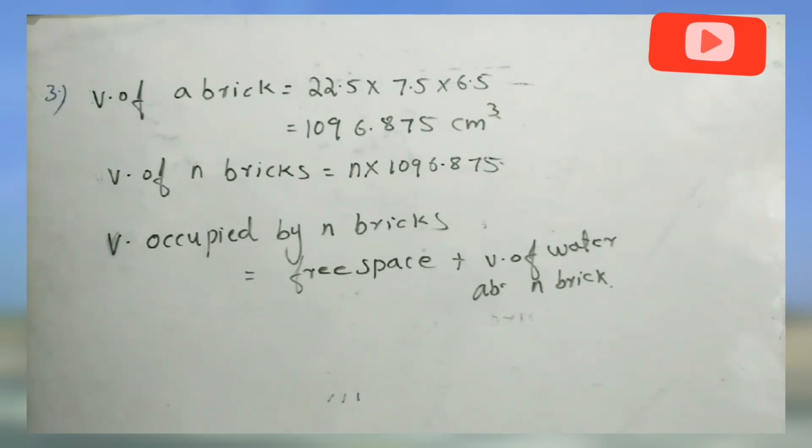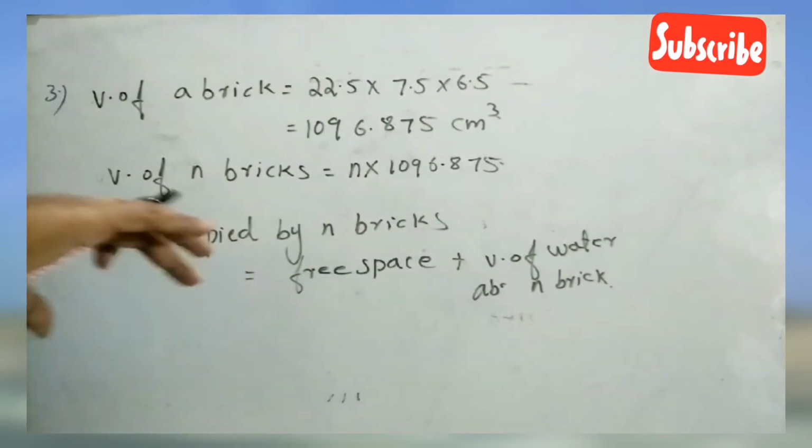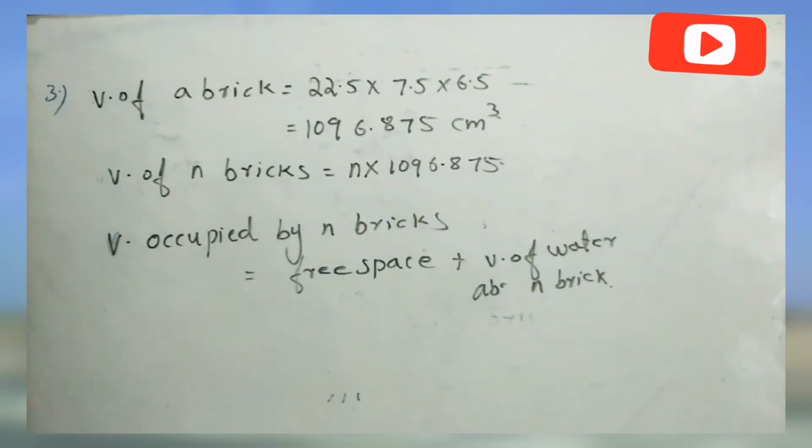In that system we have 129,600 of water, and we need to put some bricks into that system. How many bricks can we put into that system? The volume occupied by n bricks is equal to the free space, which we already calculated.